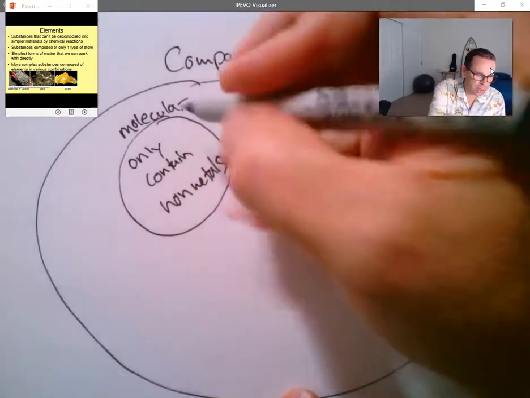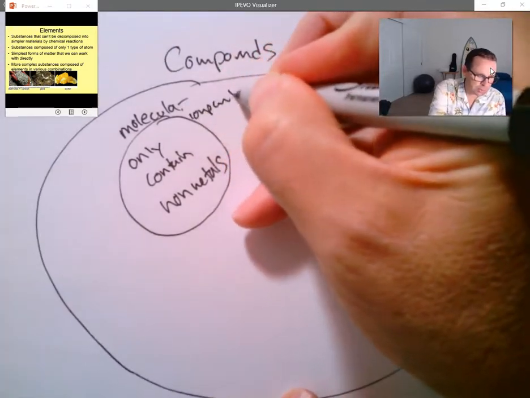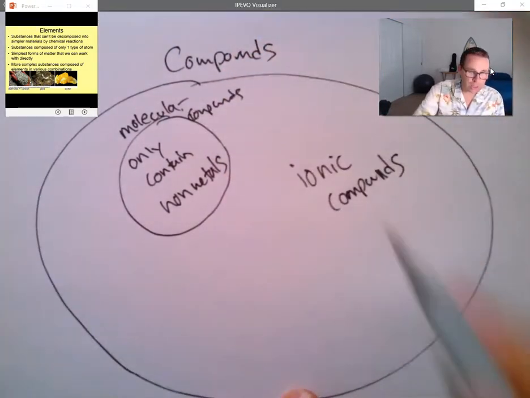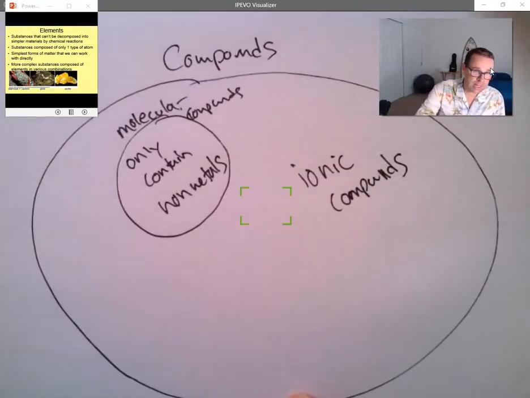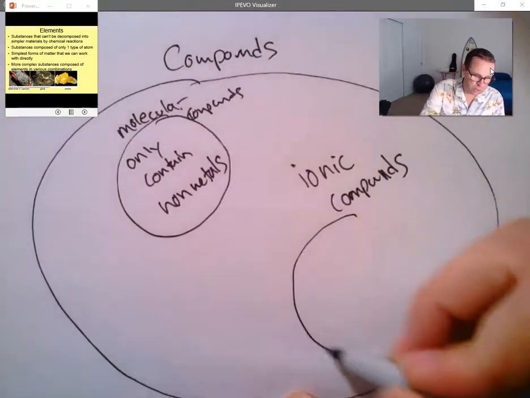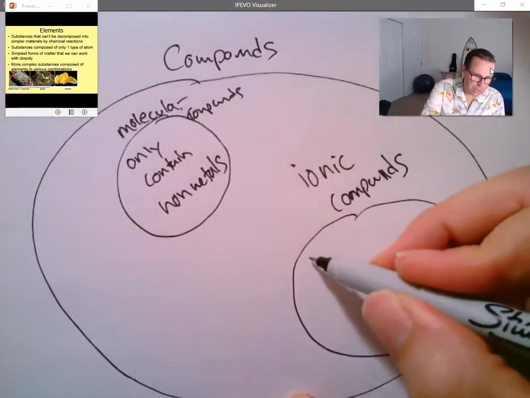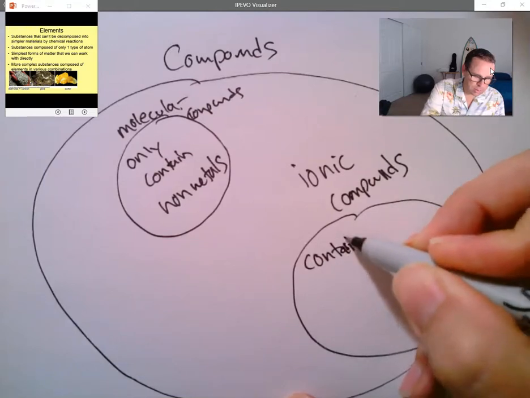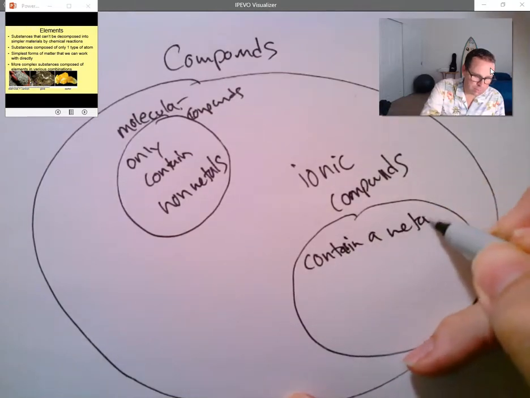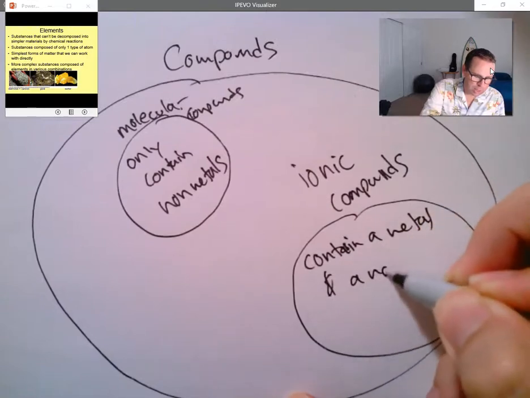So you have molecular compounds and ionic compounds. Ionic compounds are compounds that contain a metal and a non-metal.